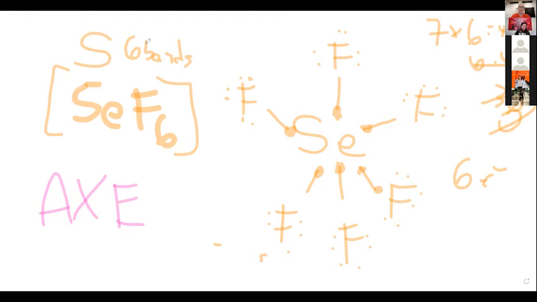How many atoms is it bonded to? 6. And how many lone pairs does it have? None. So we look up, what's the shape of AX6? Octahedral.